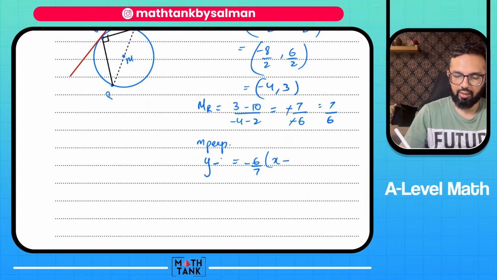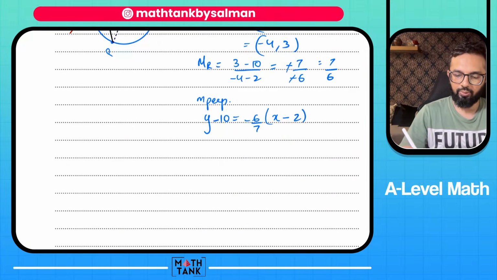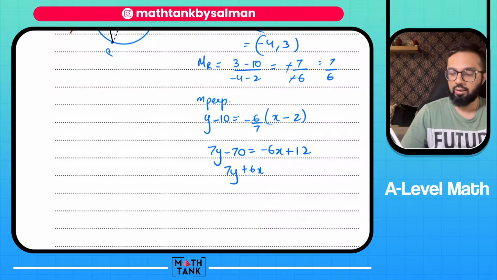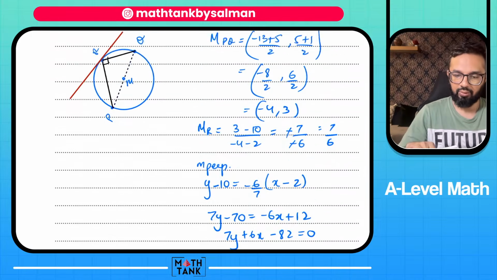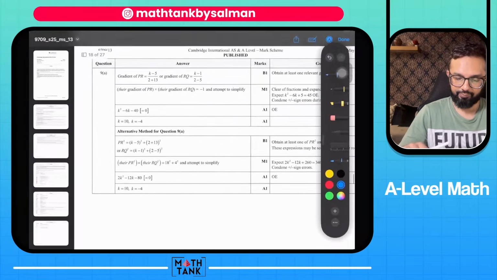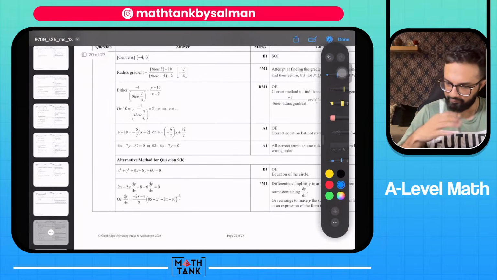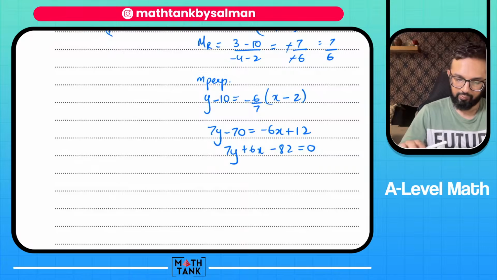Sorry, y minus 10, not the midpoint. x minus 2. 7y minus 70 equals -6x plus 12. 7y plus 6x minus 82 equals 0. I think that should be the correct answer. Yep. Okay, that is the correct answer.